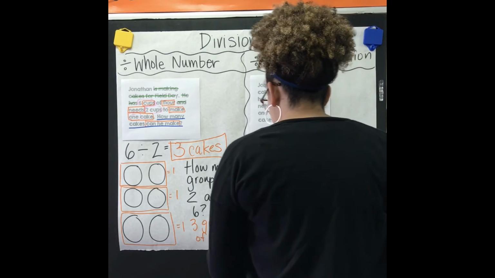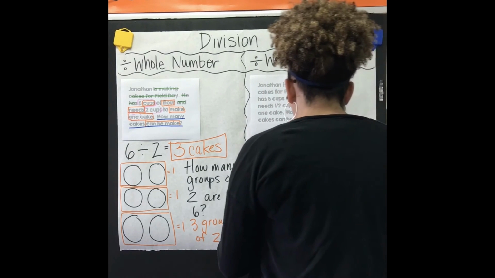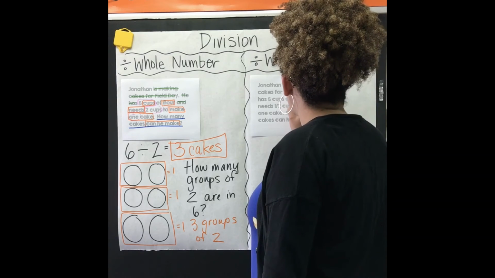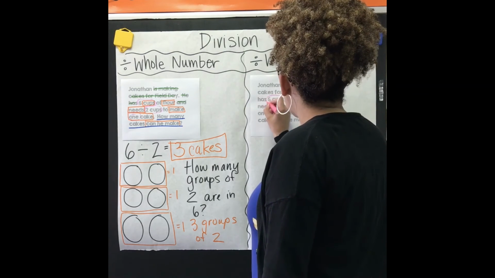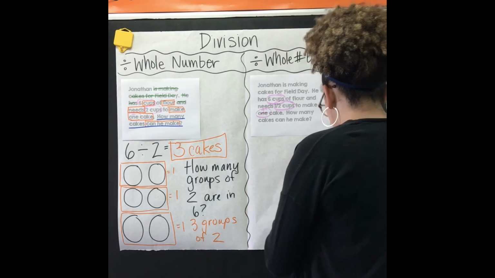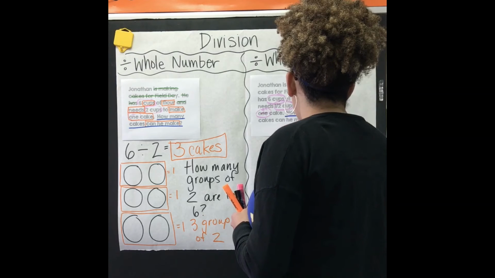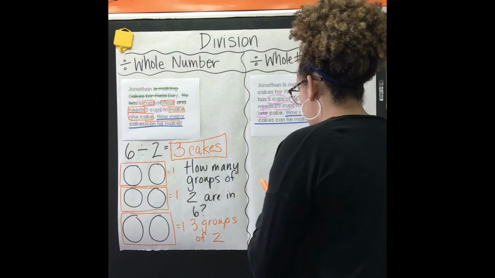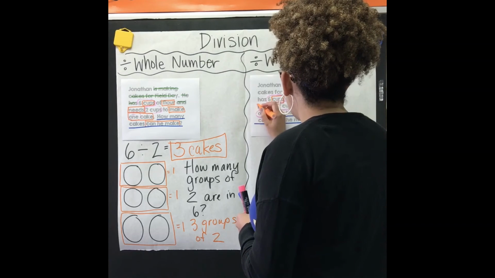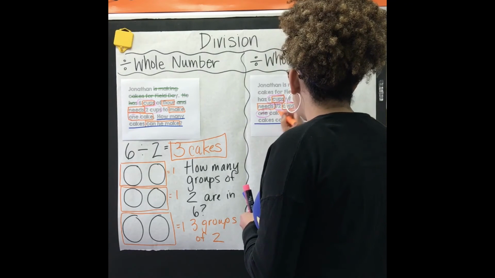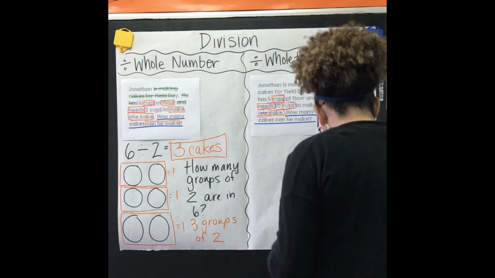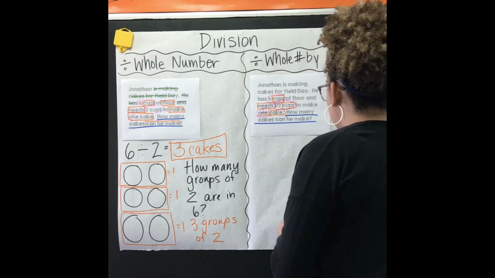We are going to circle the numbers, underline the question, box the clue words, and eliminate and evaluate.